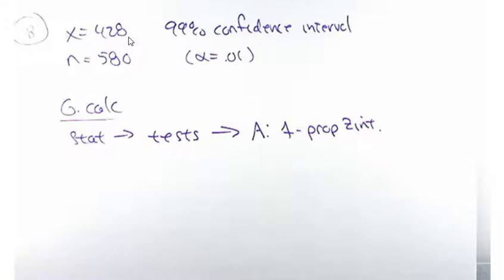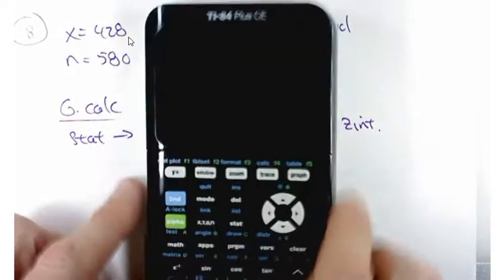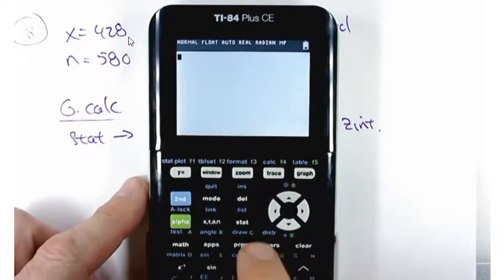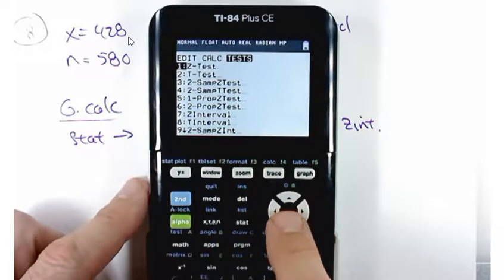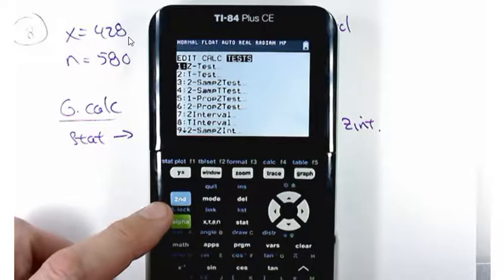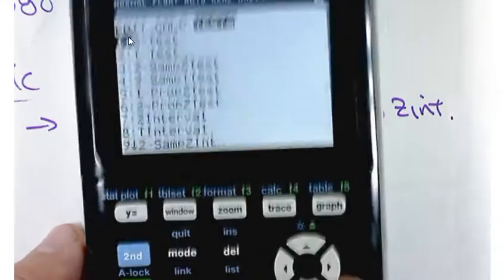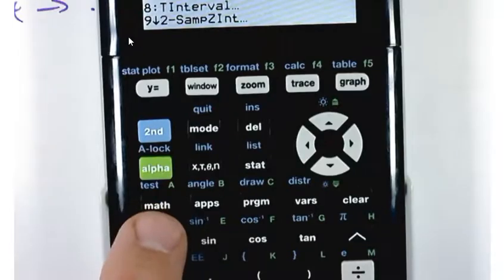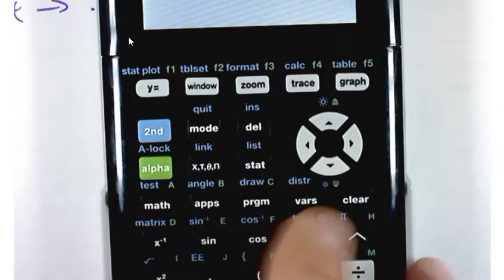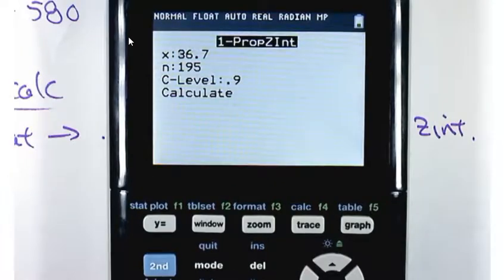So those are the keys you're going to type. Stat over to Test, and then Selection A. Now you can just use the down arrow to get down to Selection A. I cheat a little bit. I hit the alpha key, and then just type the letter A, which is right here above the math key. So it has the same effect.